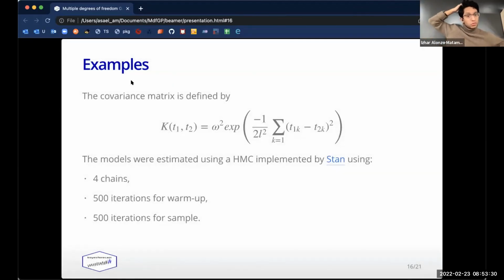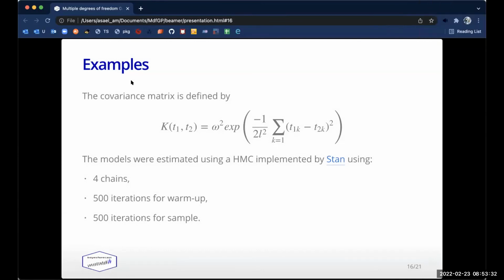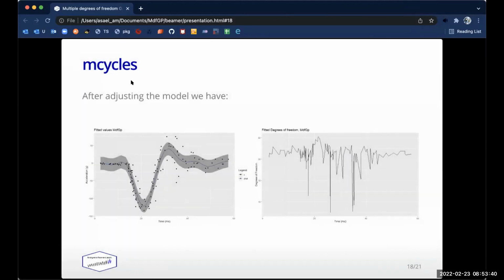Perhaps that's the reason why you didn't get the outliers quite well in the example, because the covariance structure is exponential and it decreases very fast as you move away from the center points. Maybe that's one of the reasons, but I don't know if other types of covariance structure would help. I don't know exactly.